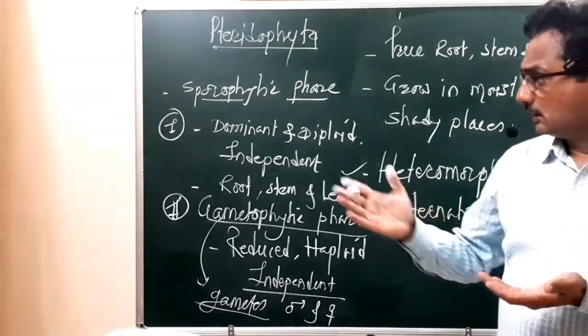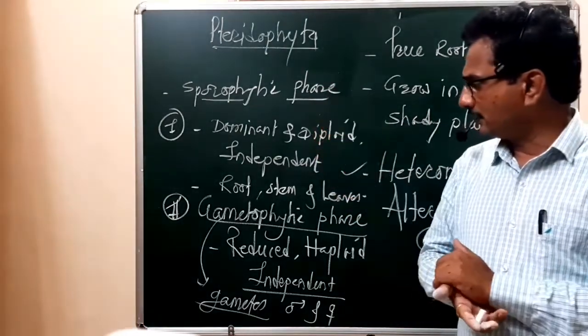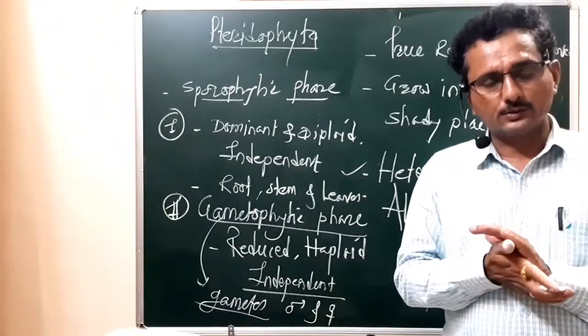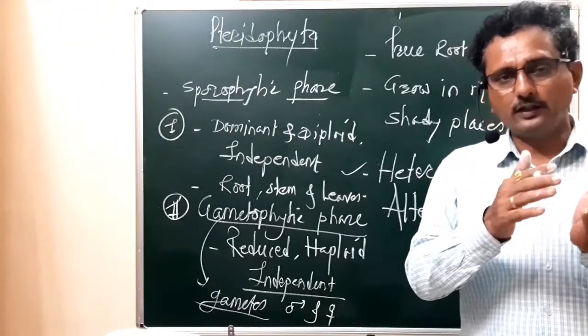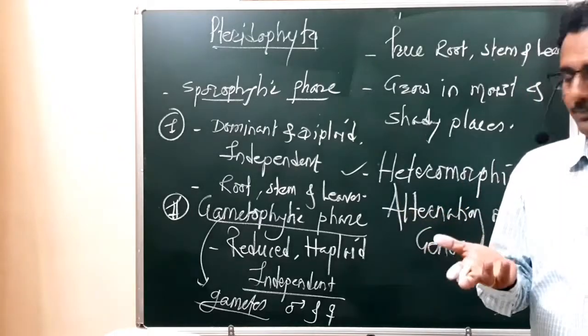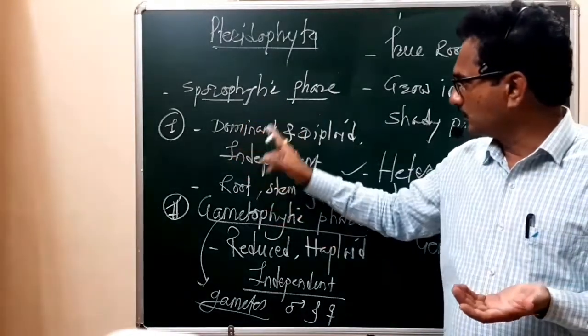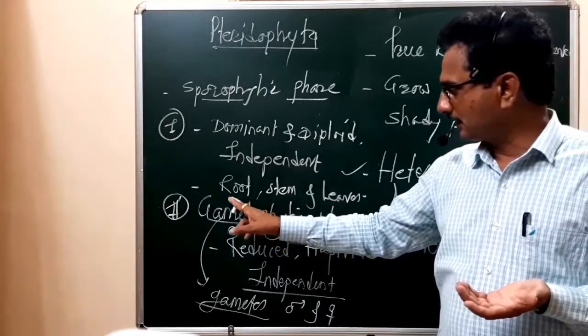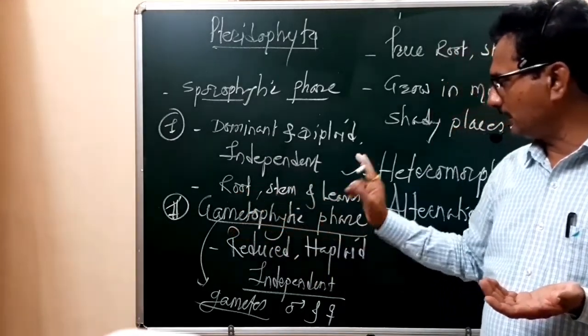So the Pteridophyta show clear-cut alternation of generations, that means the Sporophytic phase and Gametophytic phase. The Sporophytic phase is dominant, diploid and independent, and it has true root, stem and leaves.